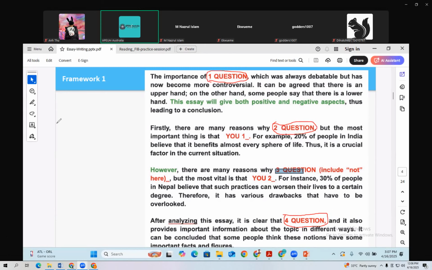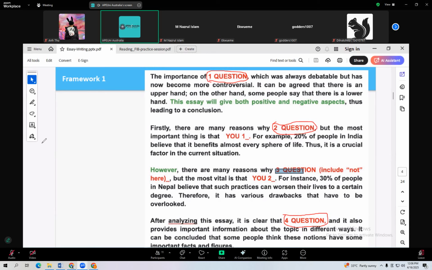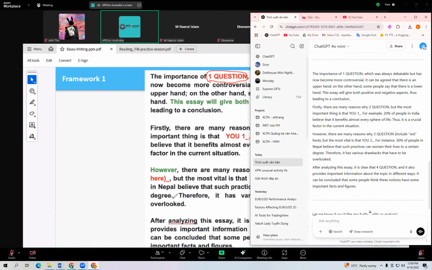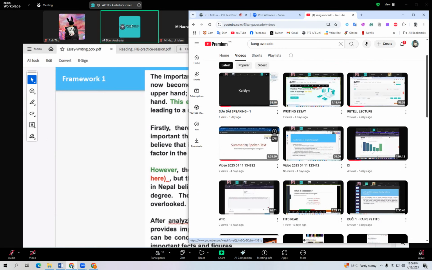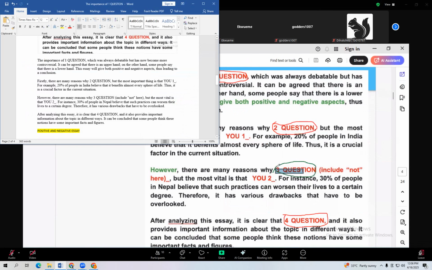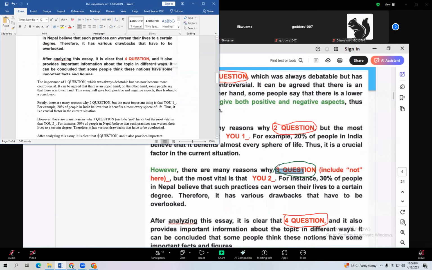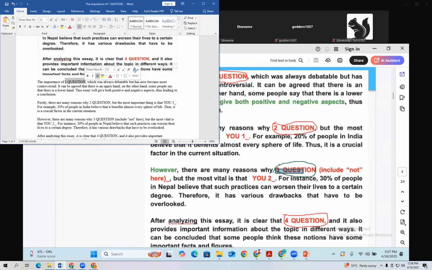Okay, guys? Now you might have a question: what will happen in question three? In this question three, you will simply make the sentence negative. Our question was public transportation should be free for all.